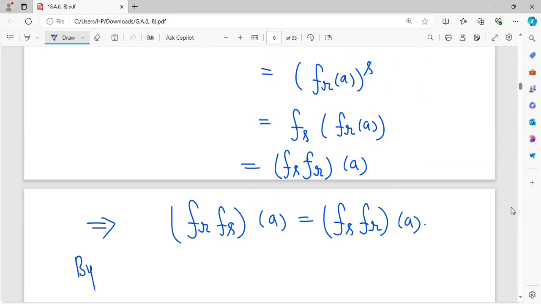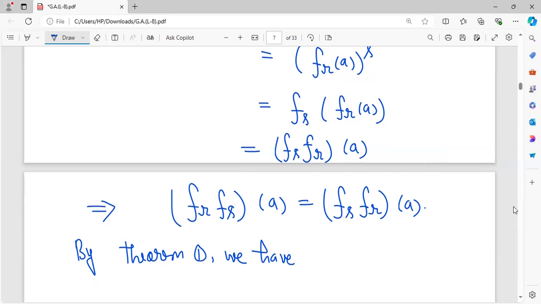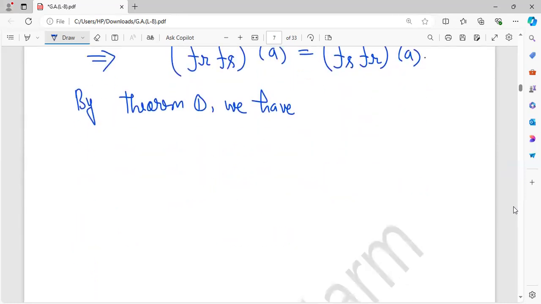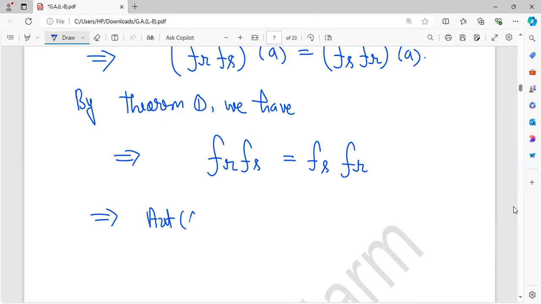By theorem 1, because the map F_r composed with F_s, the product, is an automorphism and they are equal on the generator, they will be equal. So this implies F_r F_s equals F_s F_r.